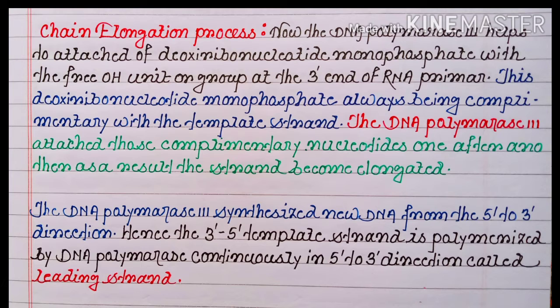This deoxyribonucleotide monophosphate is always complementary to the template strand. DNA polymerase 3 attaches those complementary nucleotides one after another. As a result, the strand becomes elongated.